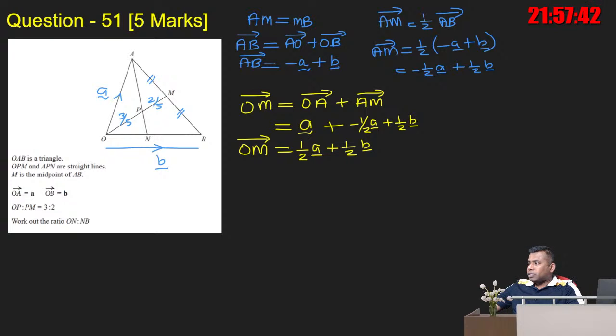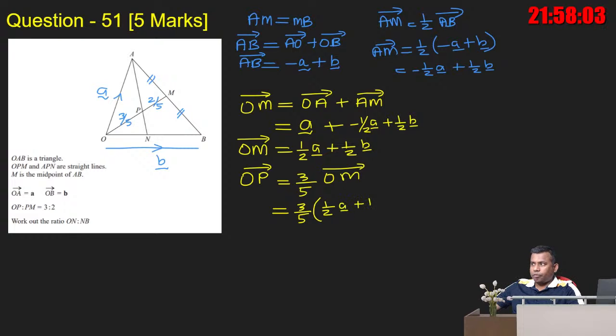So OM. So what can we do for OP vector? OP vector is going to be 3/5 of OM. Hope you understand that, right? So 3/5 of half A plus half B, right?